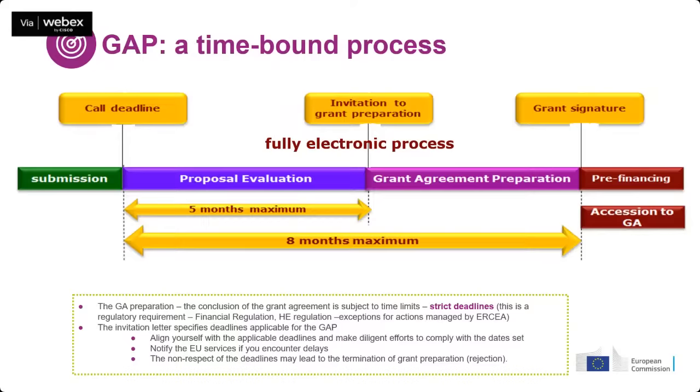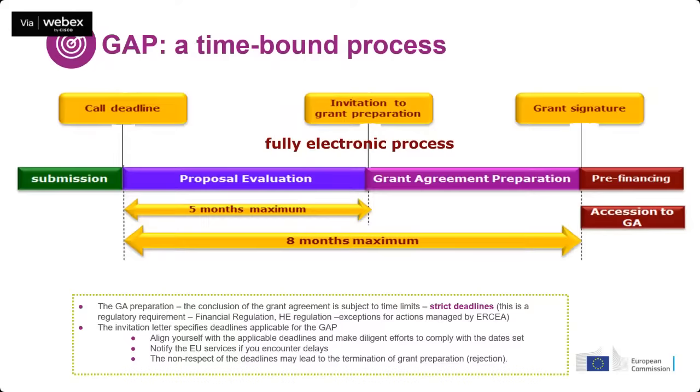As you see, there is the grant agreement preparation, so the steps until signing the grant are time bound. The financial regulation imposes specific limits in managing the grant, and overall, from the time that the call closes and the submission is finalized for all the projects, we have 8 months in principle until we sign the grant agreements of those selected.